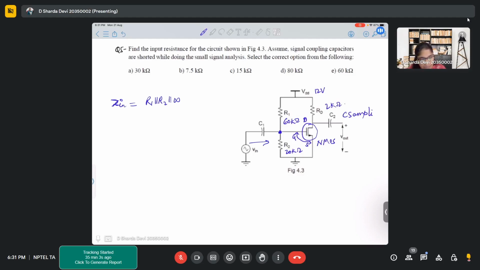So it is R1 parallel R2, that is 60 parallel 20. So Zin is 15 kilo ohms.